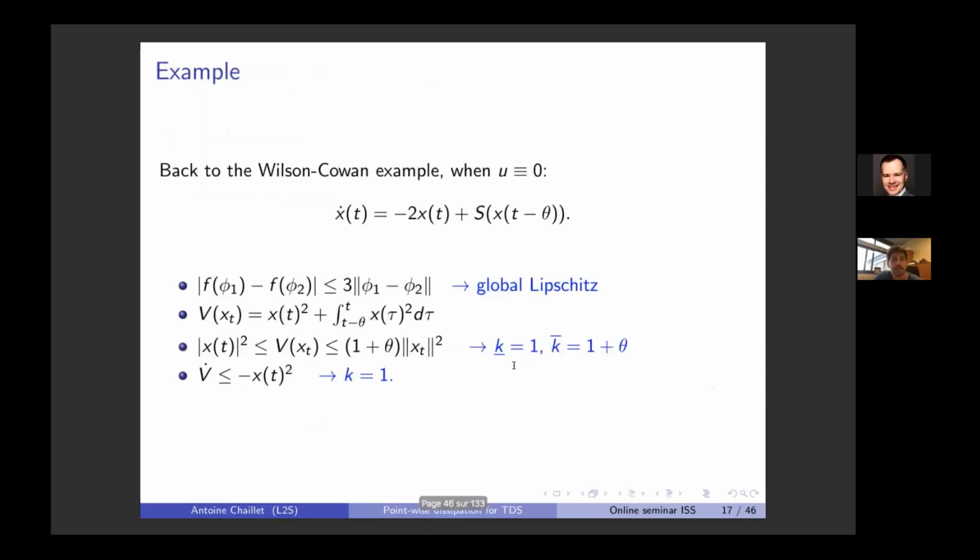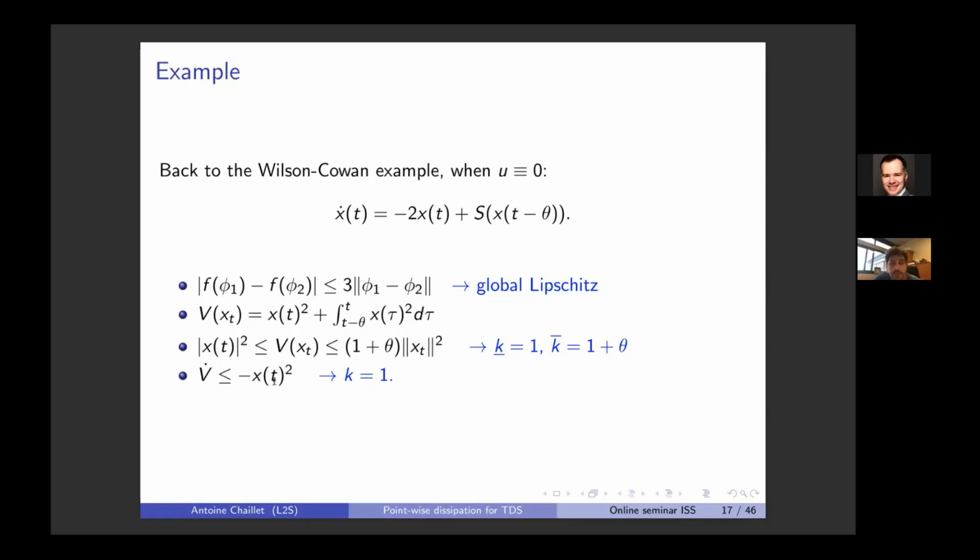Okay. So going back to the Wilson and Cowan example, so this is the dynamics. When there is no input, you don't have the U term here, you just have this. Easy to check that the vector field is globally Lipschitz with Lipschitz constant 3 because S has Lipschitz constant 1. The Lyapunov function I presented before is this one. We have already seen that it's bounded like this, so it's indeed a candidate for global exponential stability with k underline equal 1, k bar equals 1 plus theta.